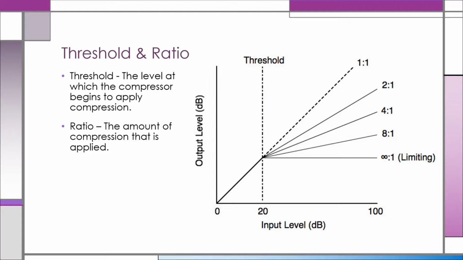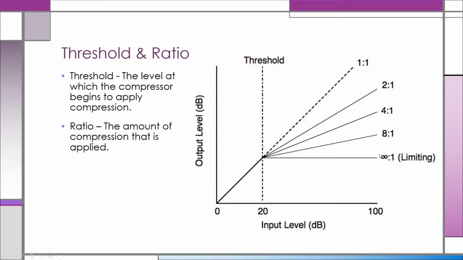So instead of 10 decibels over 20, we're only allowing 5 decibels over 20. So our end output would be 25 decibels. And then you just apply the same sort of math calculations here, 4-to-1, 8-to-1. So if our signal was 28 decibels, our end result would be 21 decibels, because instead of 8, it would only be 1 decibel.